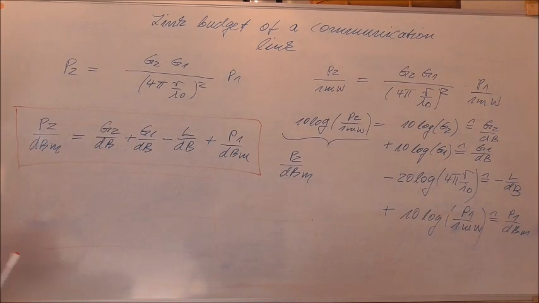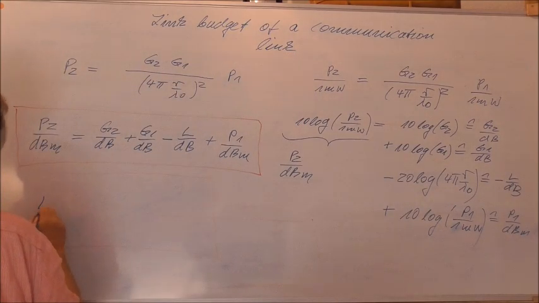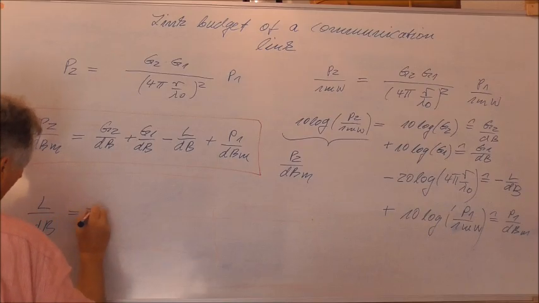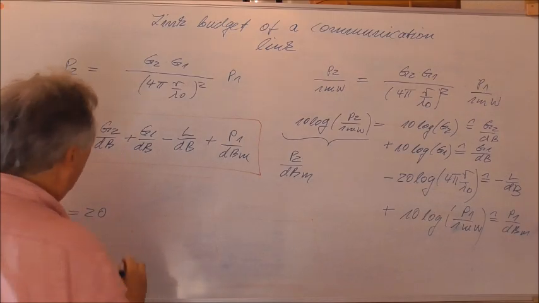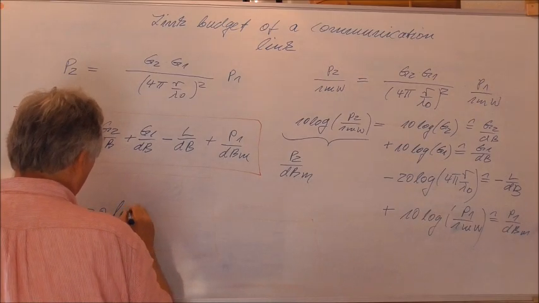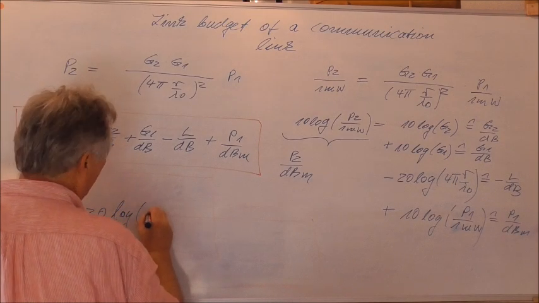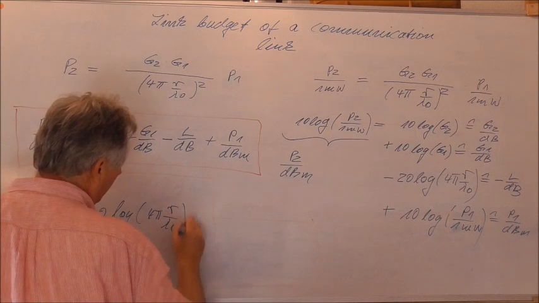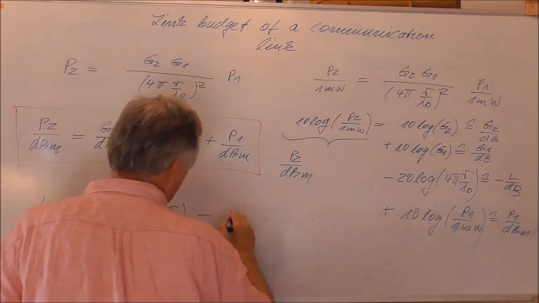And from this equation we see that L divided by dB is given by 20 log of 4 pi r over lambda naught, and this is called the path loss.